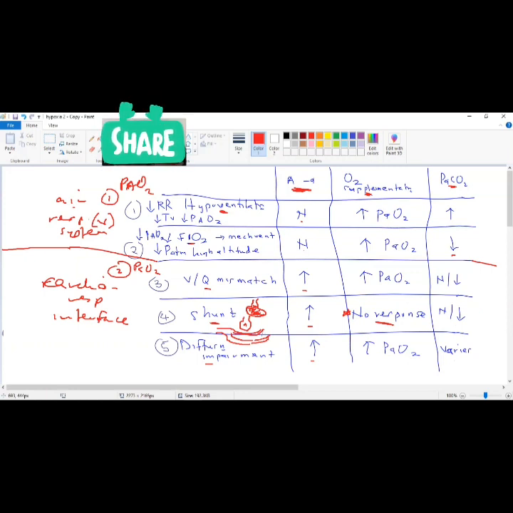I'm filling the alveoli with fluid. Oxygen can't enter. So even if you give them oxygen, nothing. That also creates a shunt in that case. So you won't see any response. But in VQ mismatch, diffusion impairment, you're going to see some improvement with oxygen supplementation. But you won't see that in the shunt. So this is how you tell the mechanisms apart from each other.